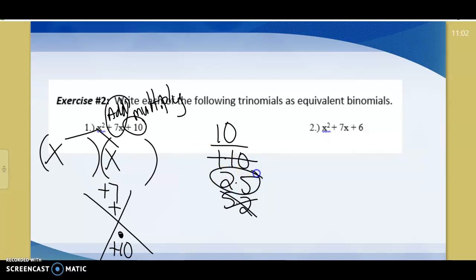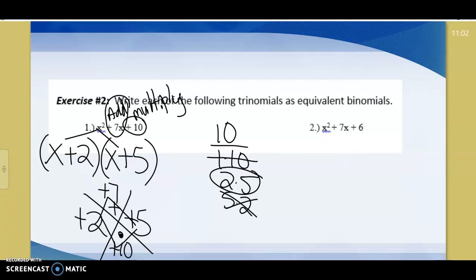But 2 and 5, those numbers are going to do both things. It's going to add to 7 and multiply to 10. So a positive 2 and a positive 5 must be the two numbers in this binomial. Okay? So there's your first one.